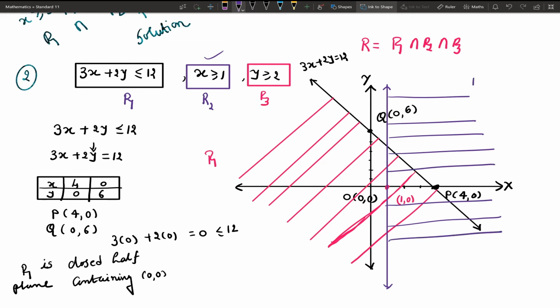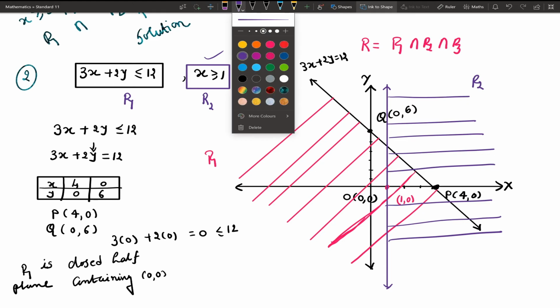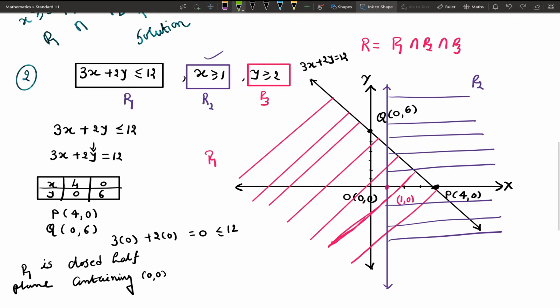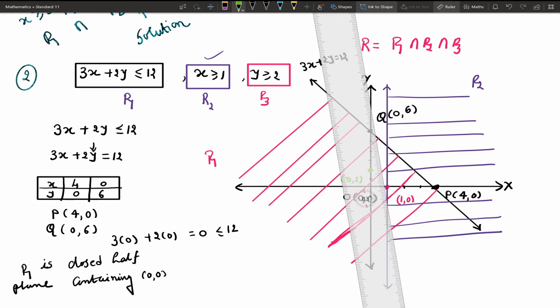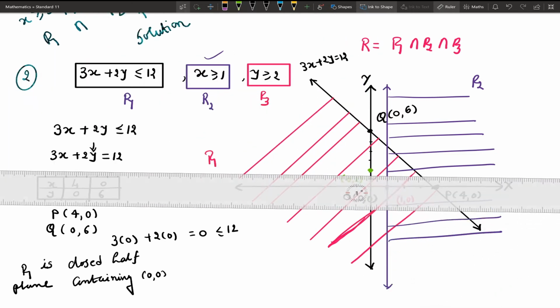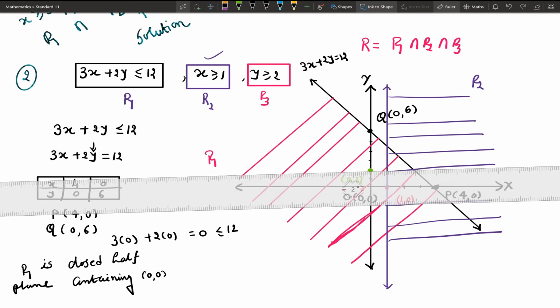So this is R2, region R2, which is given by x greater than or equal to 1. Now y equal to 2, we know, is a horizontal line passing through the point 0, 2.